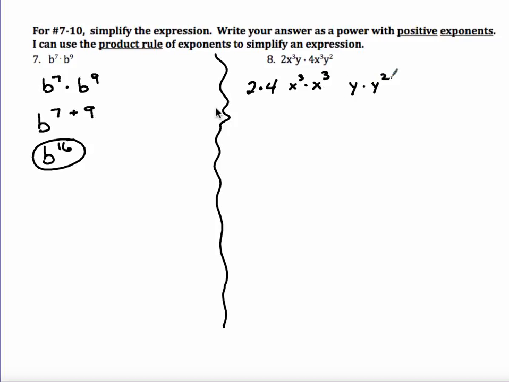So I'm going to put all my like pieces together, and then I'm just going to do what it says. So it tells me to take 2 times 4. I'm just multiplying, and I get 8. Here, I'm multiplying, but it really tells me to add my exponents, because x to the 3rd is x times x times x, and another x to the 3rd is x times x times x, and you're going to get 6 of them, so we're just adding our exponents, and here I've got y to the 1 plus 2 power. And so to simplify this, I've got 8x to the 6th, y to the 3rd.